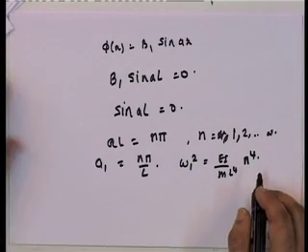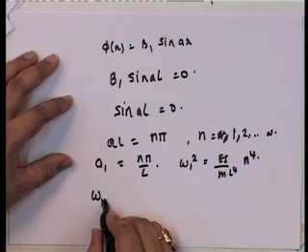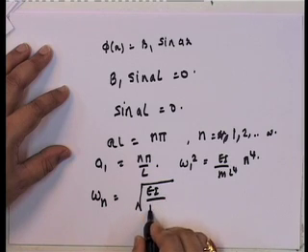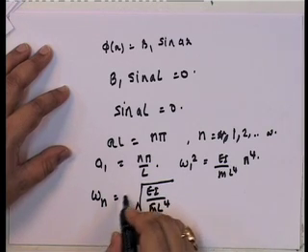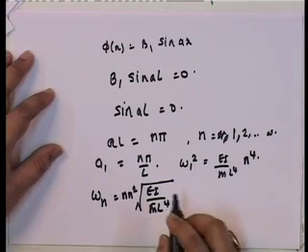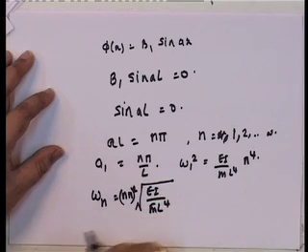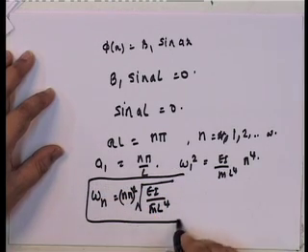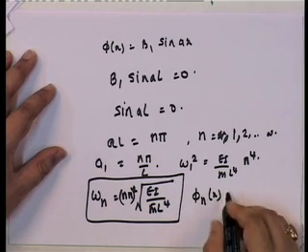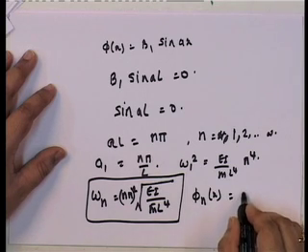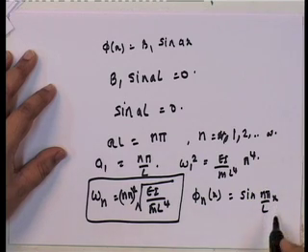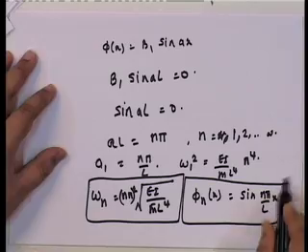So, omega n is equal to square root of E I upon m bar L fourth, times n pi the whole squared. That becomes omega n, and the corresponding phi n of x is equal to sine n pi x upon L.